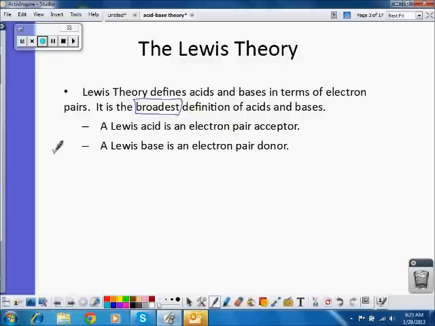Here you can see the definition: electron pair acceptor, electron pair donor. Like ammonia is an electron pair donor because when I look at the Lewis structure for ammonia, it has a pair of electrons that can bond to something else. A positive ion or a metal ion would be an electron pair acceptor because obviously it has a positive charge.